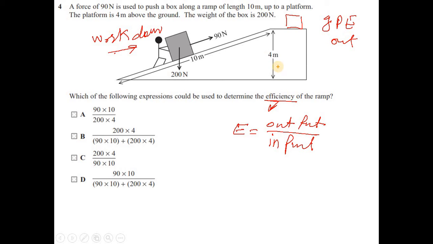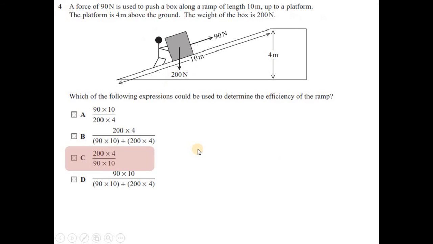The weight of the box is 200 Newton and height covered is 4 meters. So output is GPE, which is 200 times 4, that is mgh, divided by work done, and work done is 90 times 10, force into displacement. That means your option is C.